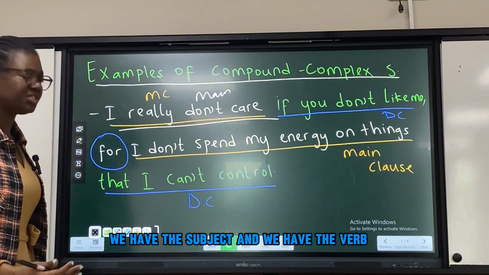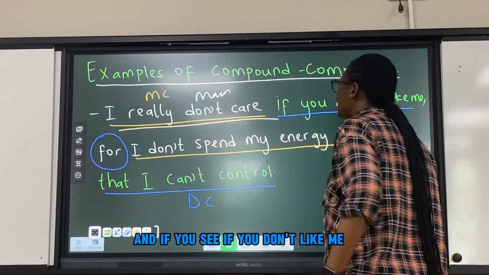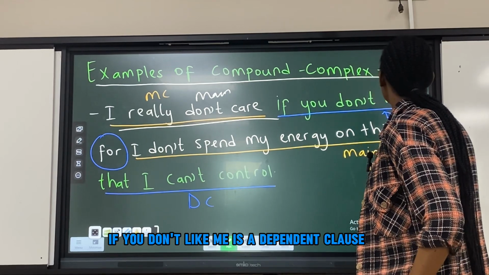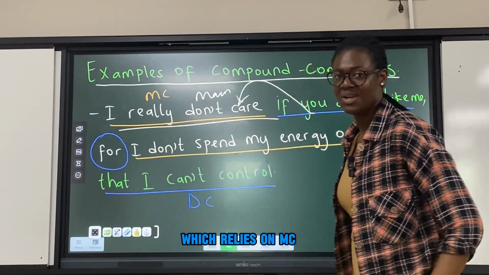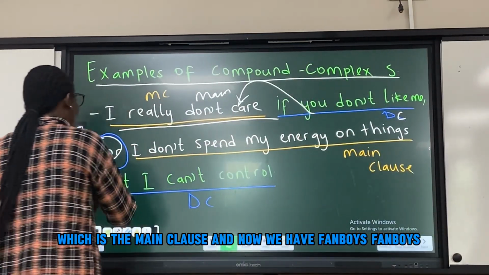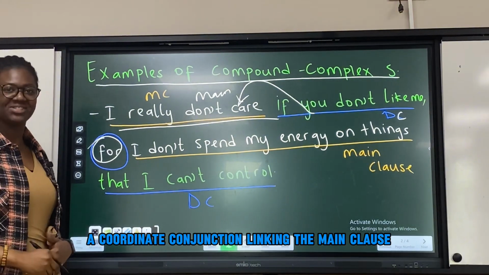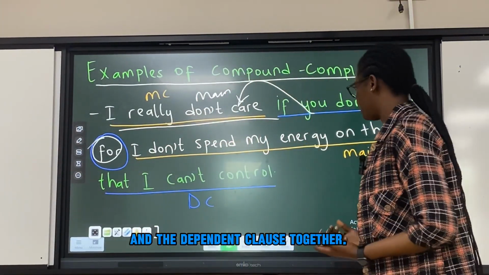We have the subject and we have the verb. And if you see, if you don't like me is a dependent clause which relies on MC, which is the main clause. And now we have for fanboys a coordinate conjunction linking the main clause and the dependent clause together.